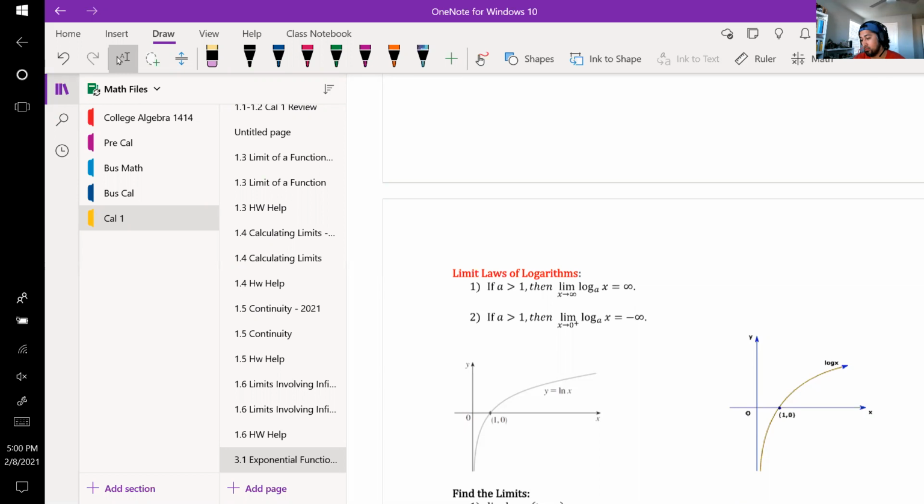I have a question from homework 1.6, number 9. Let's see. Ooh, all right, that's good.